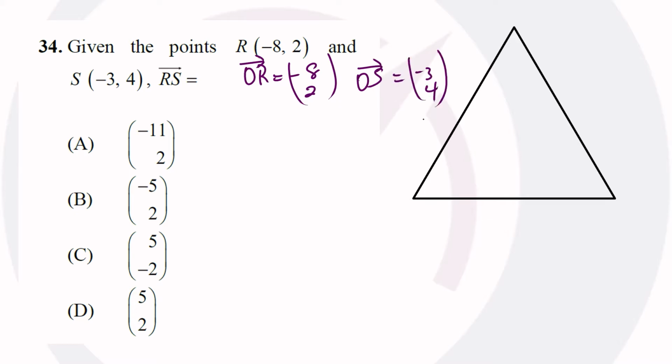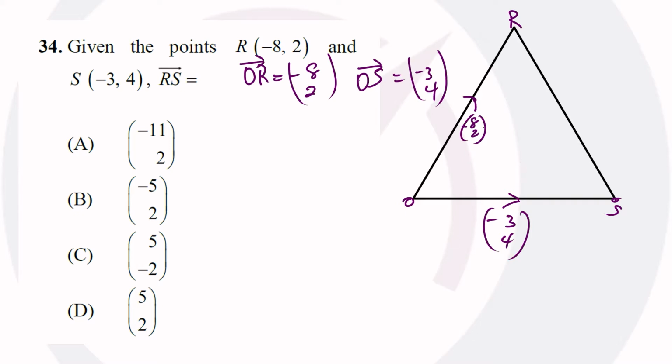You see that now? Because they both start at the origin, let's call here O. So OR, let's call here R, will be (-8, 2), and then OS, let's call here S, will be (-3, 4).